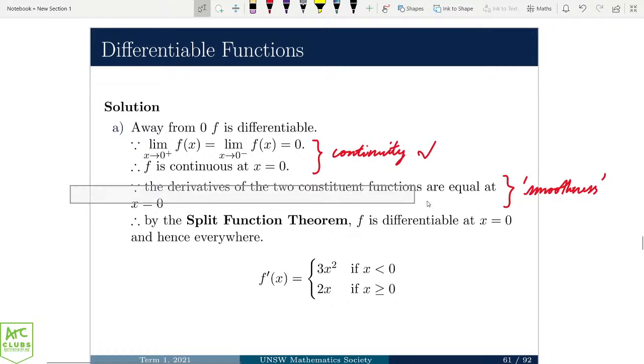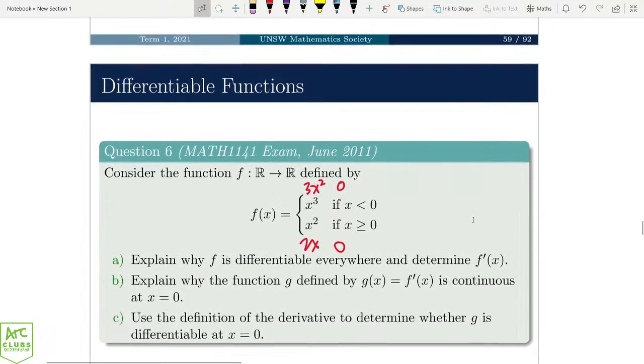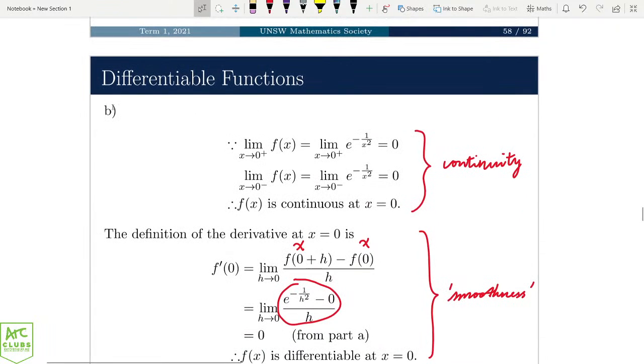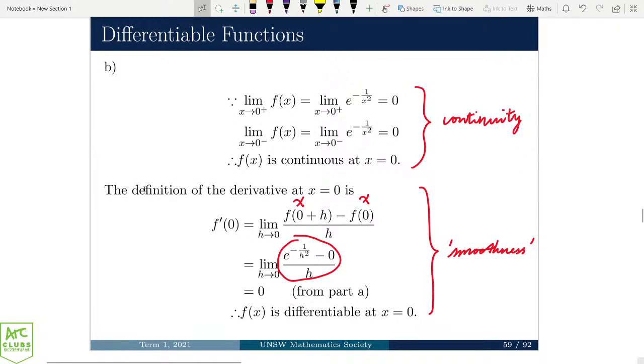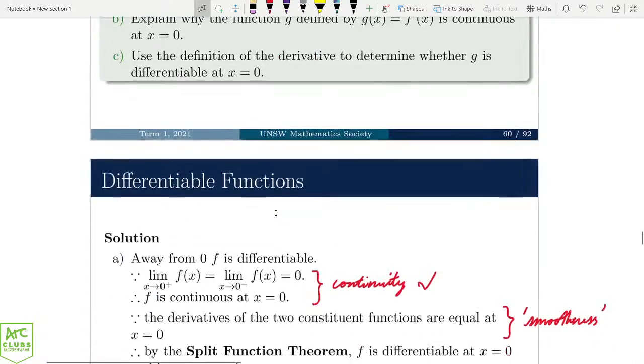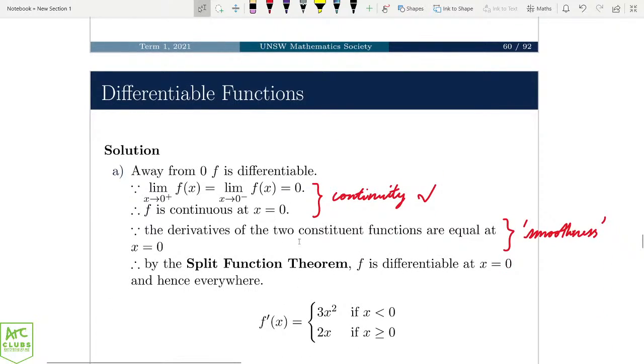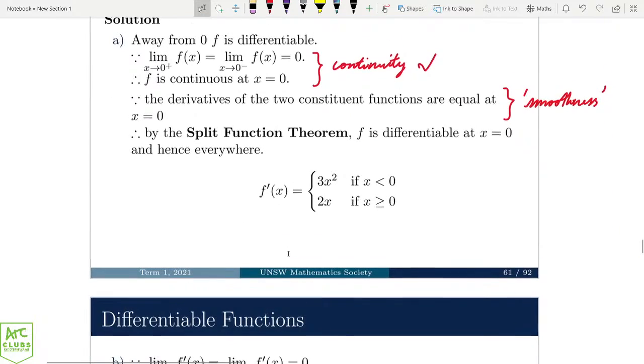And note that this is a different way of proving why a function is smooth than what we did in our previous question, which was using the fundamental definition of derivative. Now this is a lot easier than the more rigorous definition that we went through before.